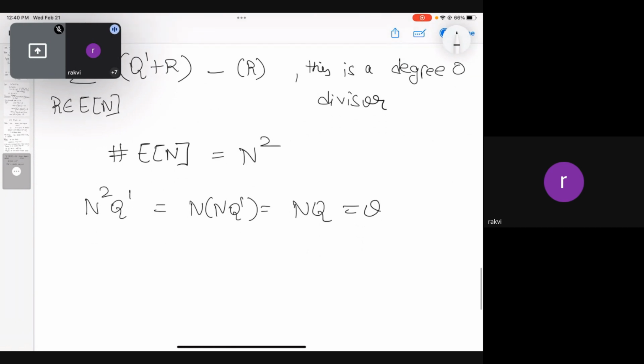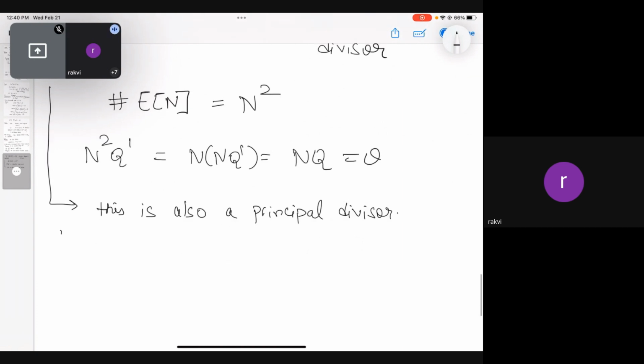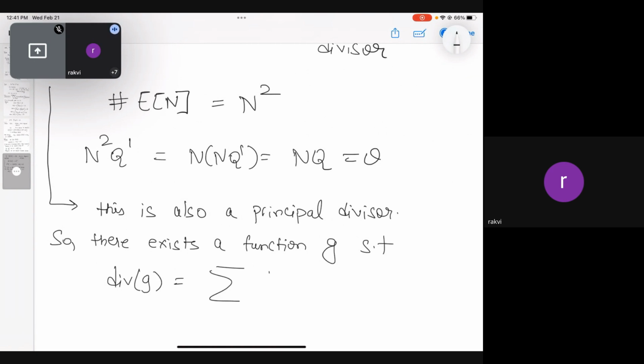So this is also a principal divisor. So there exists a function g such that divisor of g is equal to this thing.